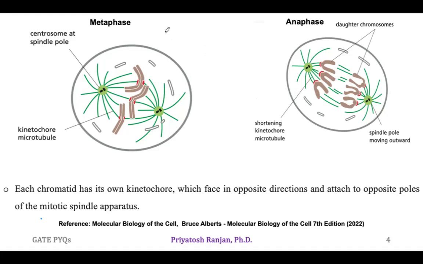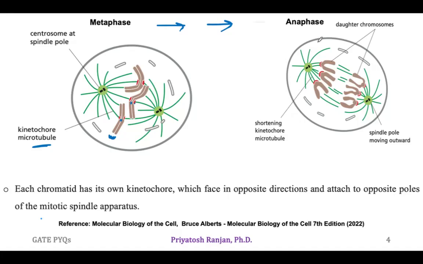So let's have a look at this diagram. This is what I was talking about during the transition from metaphase to anaphase. This is a single chromosome. In total, there are 3 chromosomes, and you have the centromere here at this place, and the red ones are the kinetochore complex, which is attached to both of the 2 sister chromatids. It helps in the formation of the kinetochore microtubule shown in green. These sister chromatids will be pulled towards the opposite poles, which you can see here.